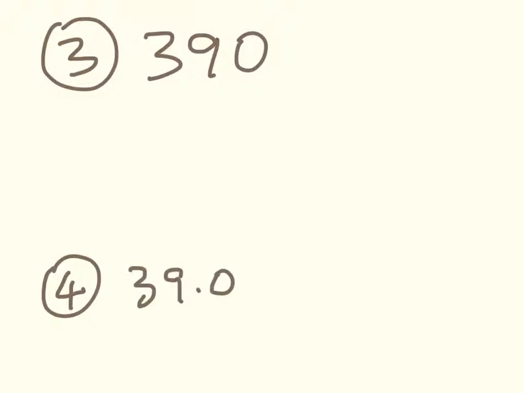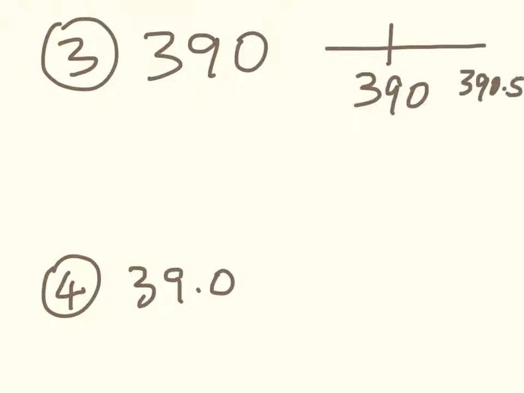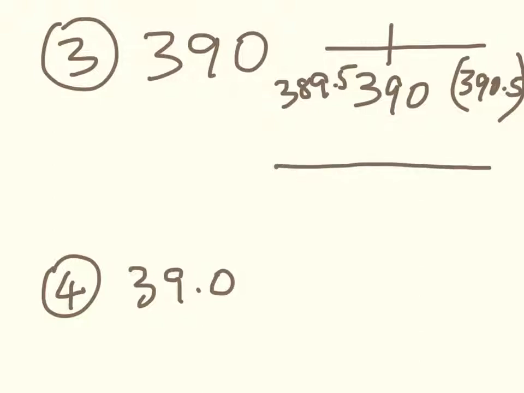So 390 could mean exactly 390, in which case the number is somewhere between 390.5 and 389.5, right? So just below 390.5. So that would mean it was a number with 3 significant figures.